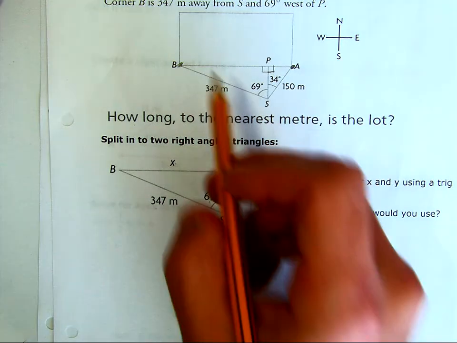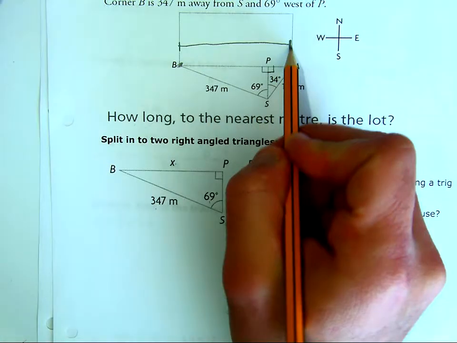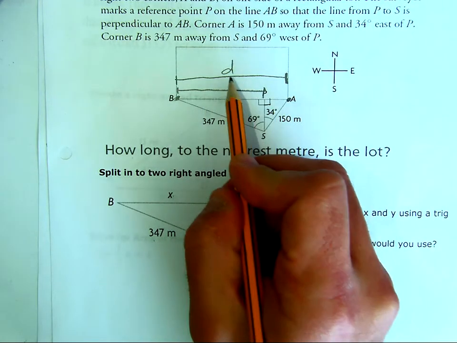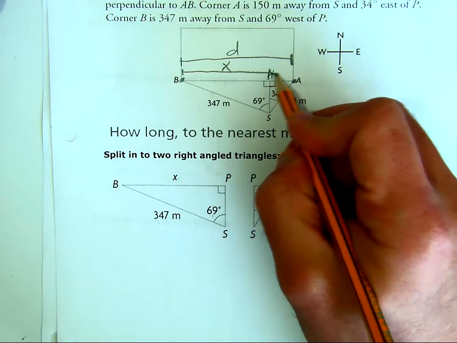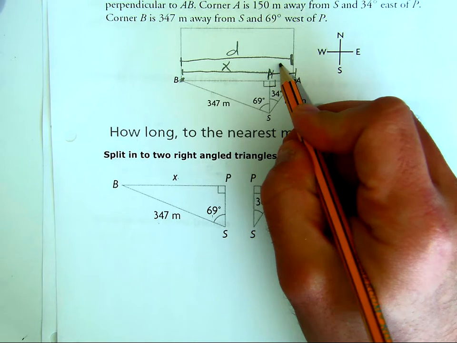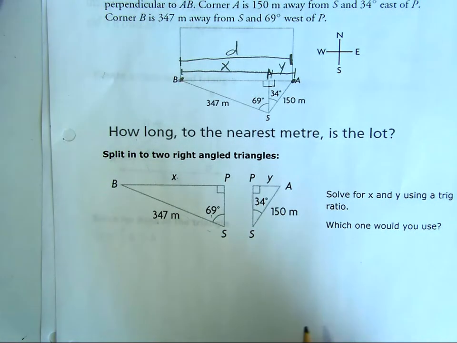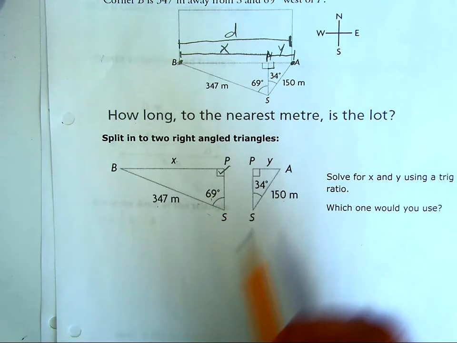We want to know this distance for the lot; we'll call it D. One by one, we'll find this little bit, which we've called x, and this bit, which we called y. Then we add x and y to get the entire length, which is D.